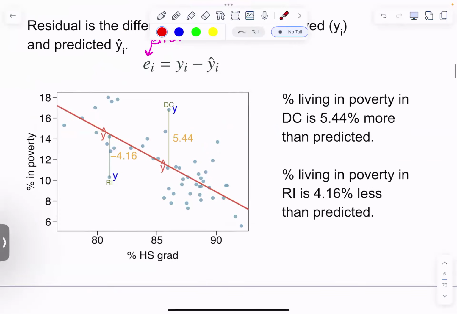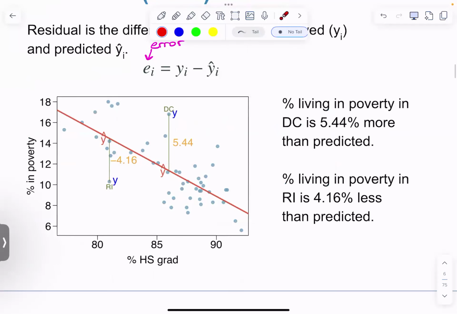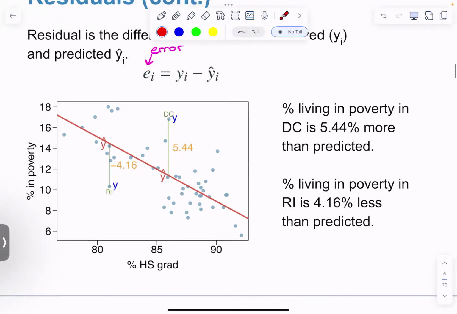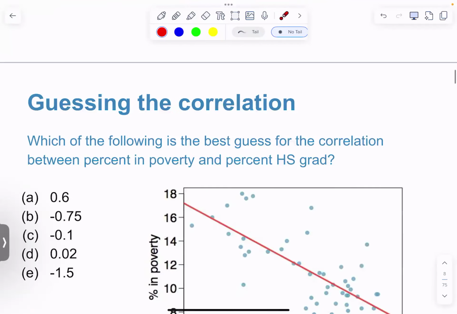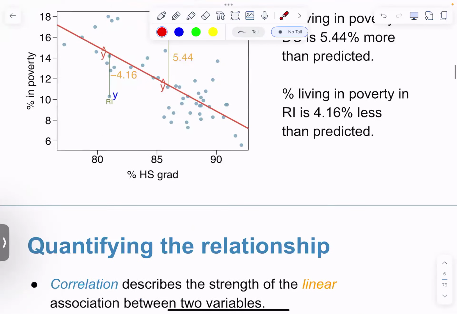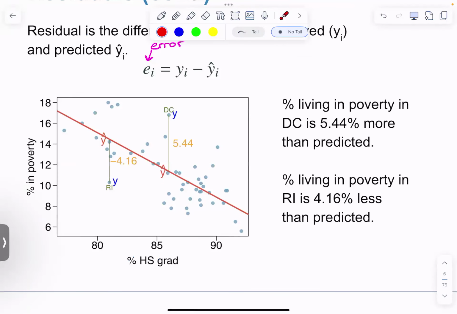Yeah, I wasn't done with that. Okay, parking lot the residuals. We're going to talk about the correlation. The reason why we can't use R for the residual is because R is for the correlation.